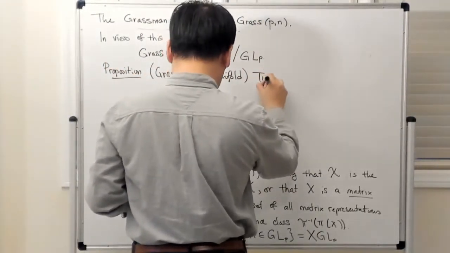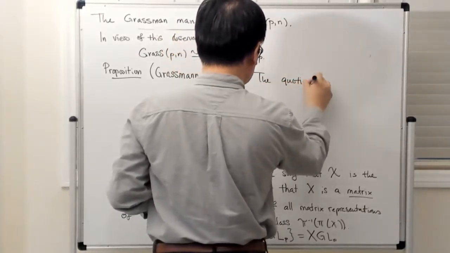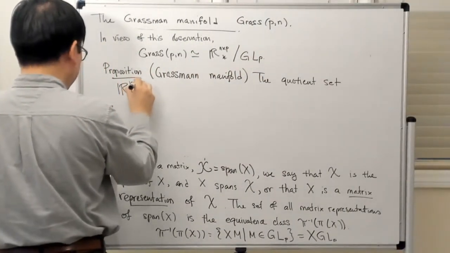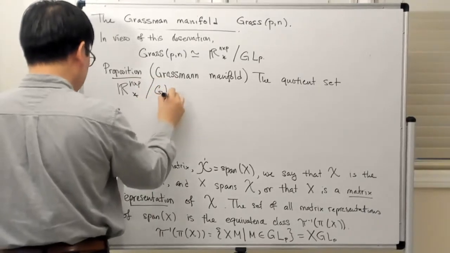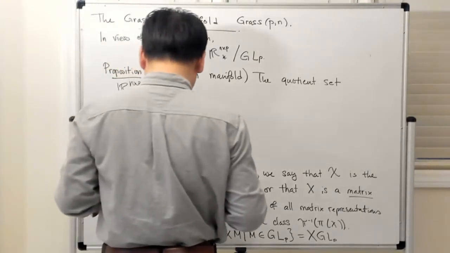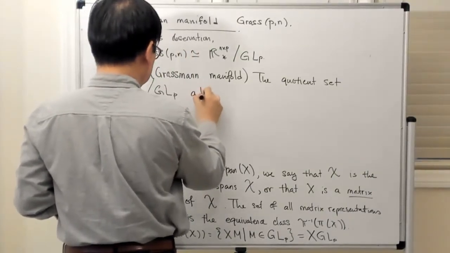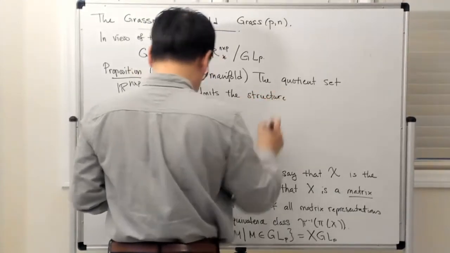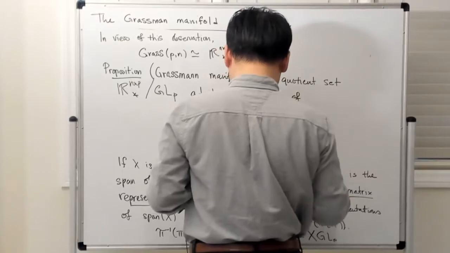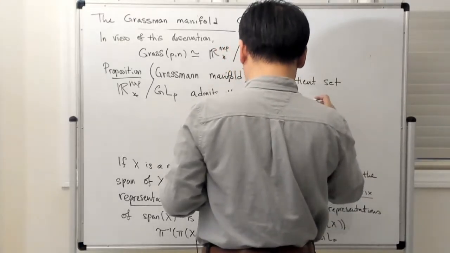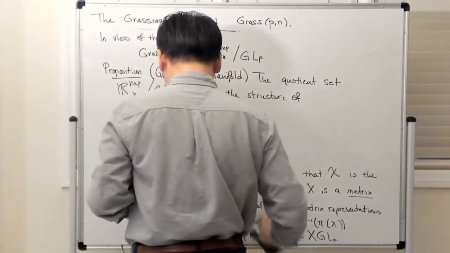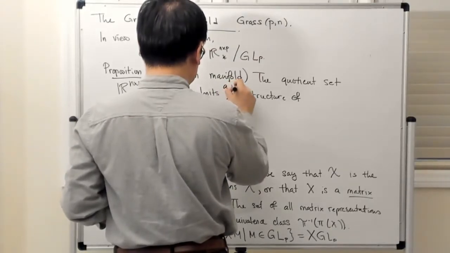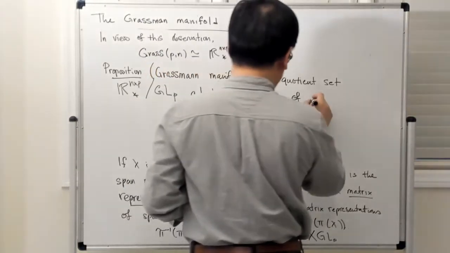The quotient set R^(n×p)_*, quotiented by the general linear group of dimension p, admits a unique structure of a quotient manifold.